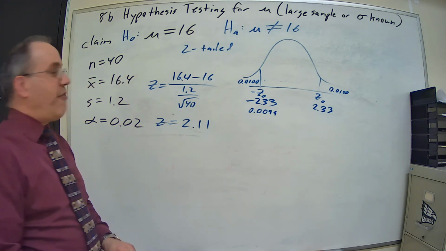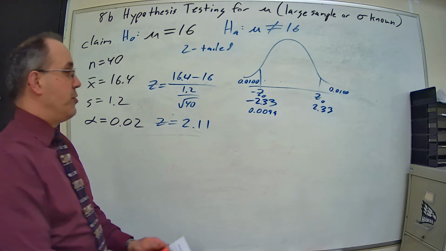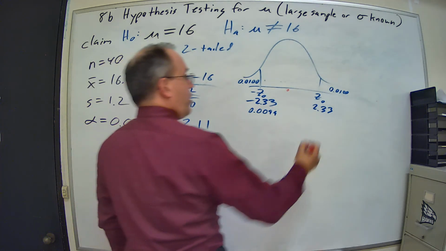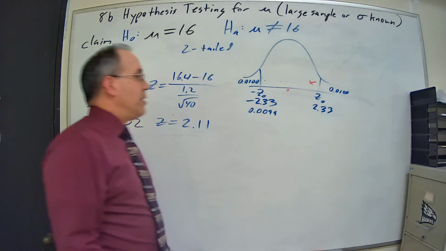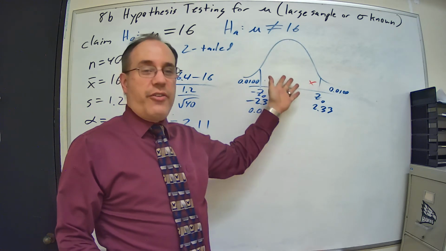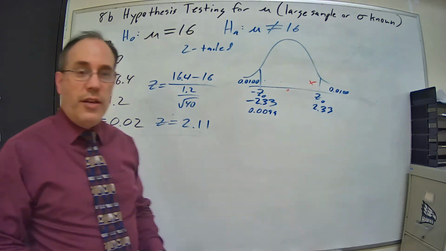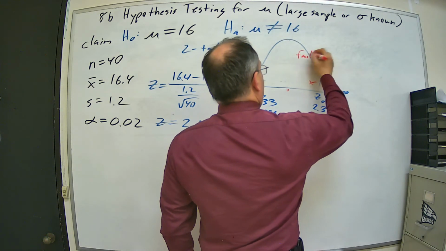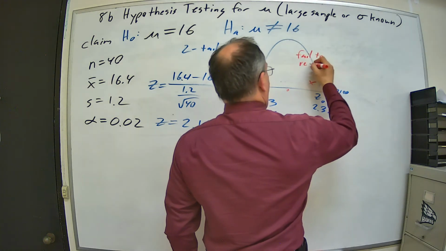And where does that fit into this distribution? Well, if this is 0 here, 2.11 is less than 2.33, so it's in the center, right? It's not in a tail, so it's not in a rejection region, so we fail to reject the null hypothesis.